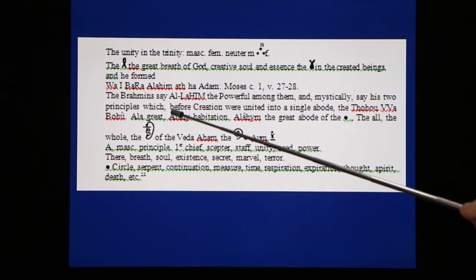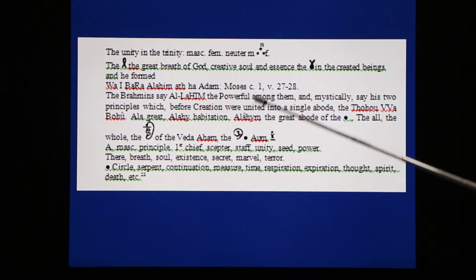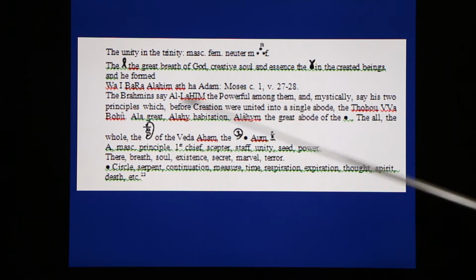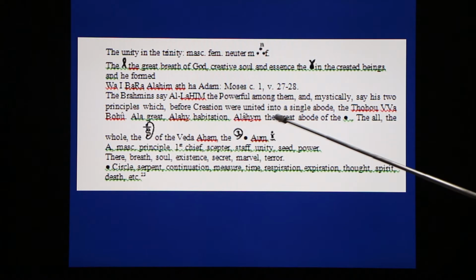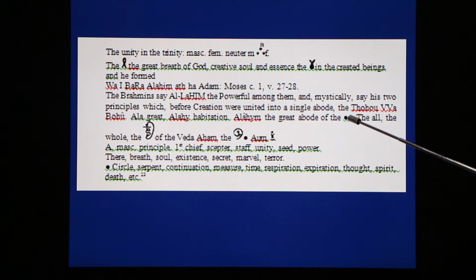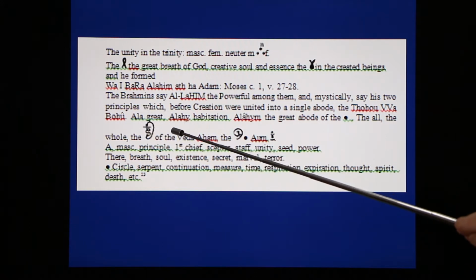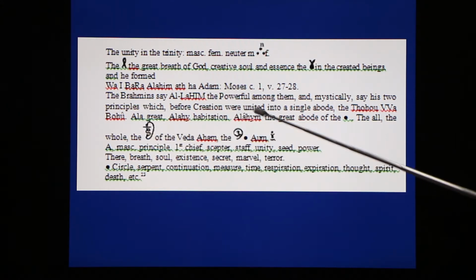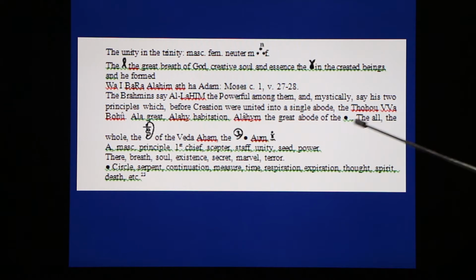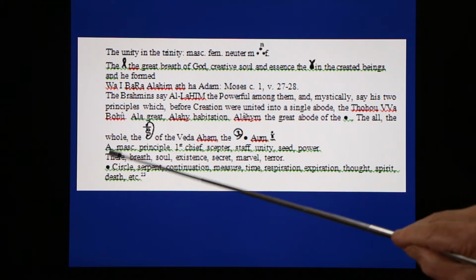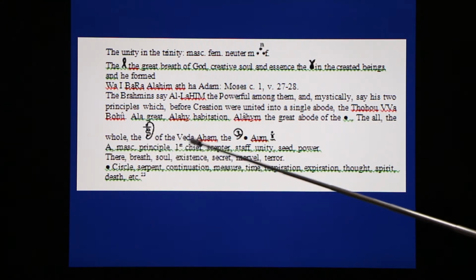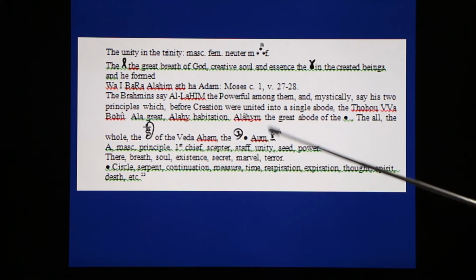The Brahmins say Allahim, the powerful among them, and mystically say his two principles, which before creation were united into a single abode, thohu vabohu. Allah great, Allah's habitation, Allahim, the great abode of the circle, the all, the whole, of the Veda, Aham, the Aum, which is then that symbol again with a dot on top of it.